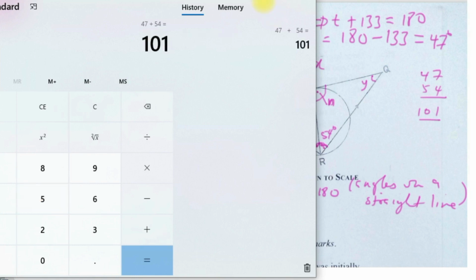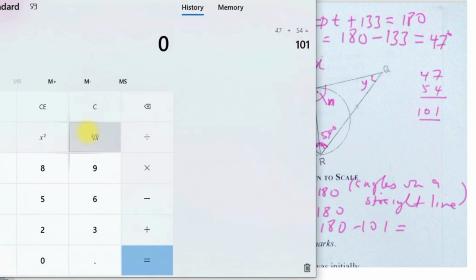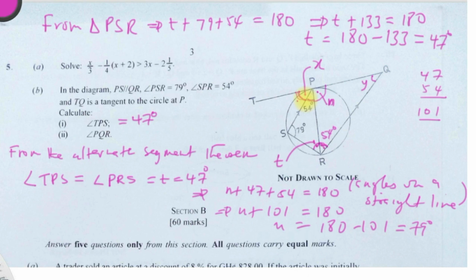So it implies that n plus 101 is equal to 180 degrees. So n is equal to 180 degrees minus 101, which is equal to 79. So n is equal to 79 degrees. Okay. So this side is 79.